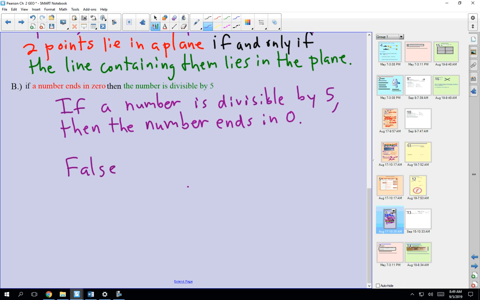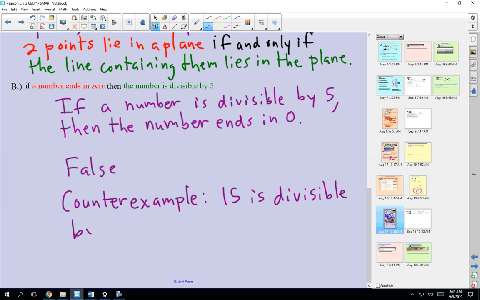And the counterexample, yeah, it's 15. The 15 is divisible by 5, but doesn't end in 0.